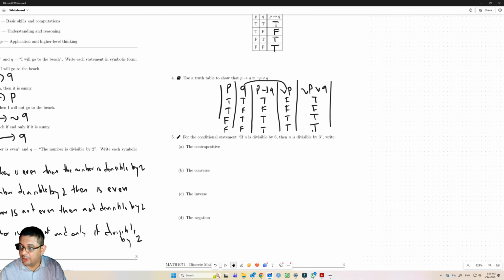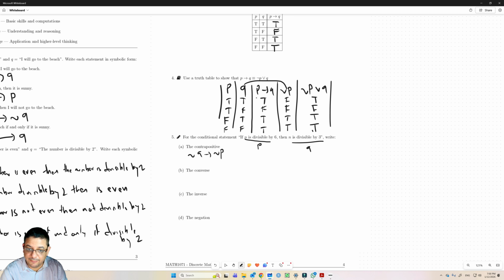So first let's go for the contrapositive. If this is a P implies Q situation, where we call this P and this Q, the contrapositive will be not Q implies not P.